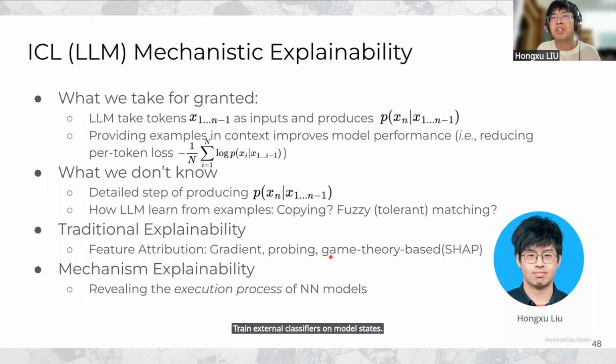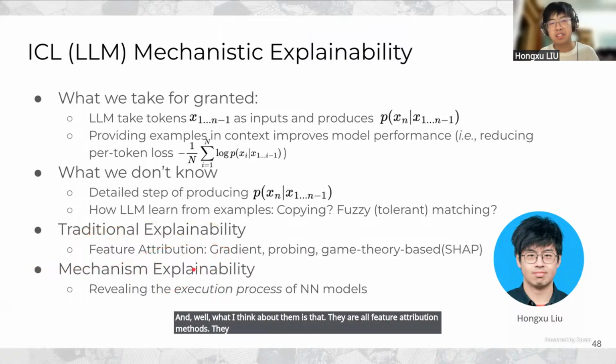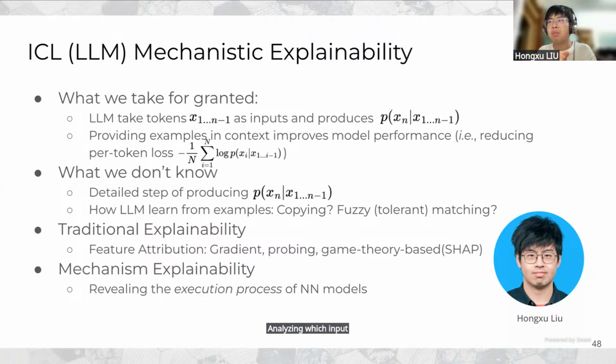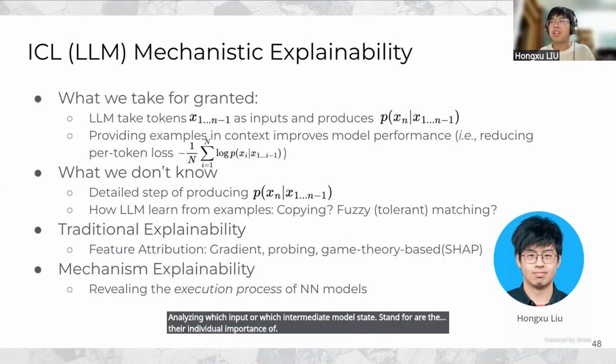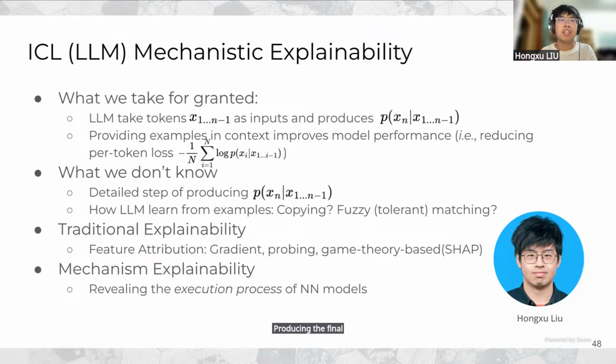There is also what I think is solid work that is game-theory based, such as the Shapley value. What I think about them is that they are all feature attribution methods. They analyze which input or which intermediate model state stands for the individual importance of producing the final model prediction.